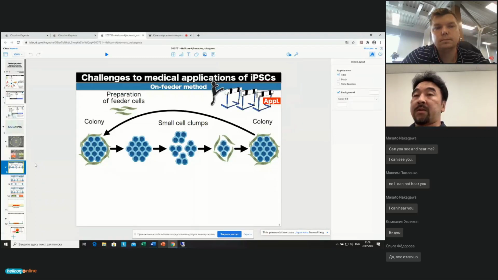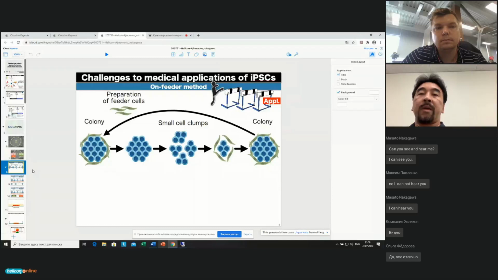Next, the pluripotent stem cell colony is broken into small cell clumps, not single cells. Then the small cell clumps are plated onto a new cell culture dish with fresh feeder cells. The iPS cells or ES cells grow well with the feeder cells, so this is an on-feeder method.